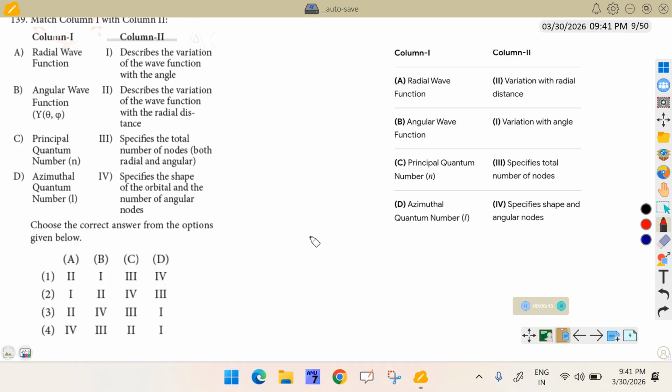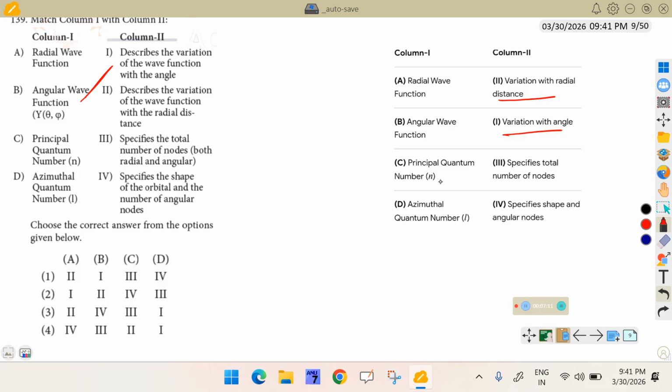Match the following. Radial wave function, variation with radial distance. Angular wave function, variation with angle.